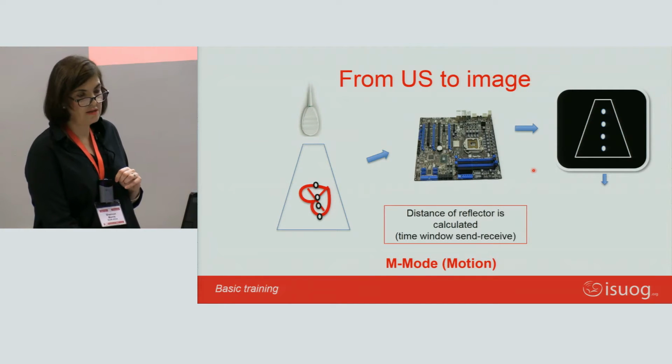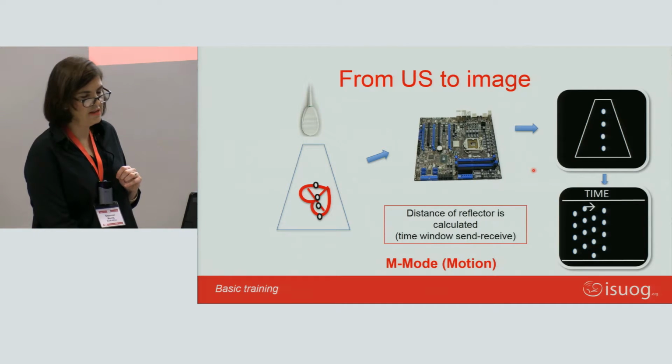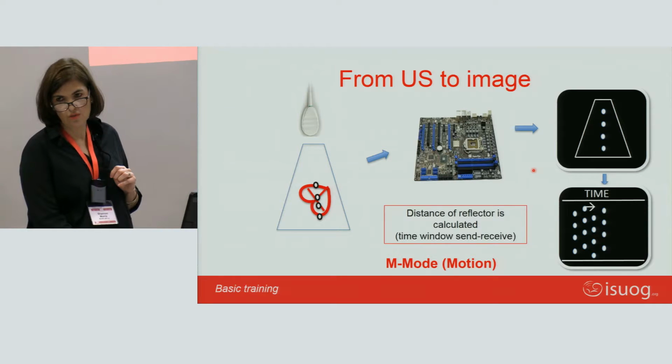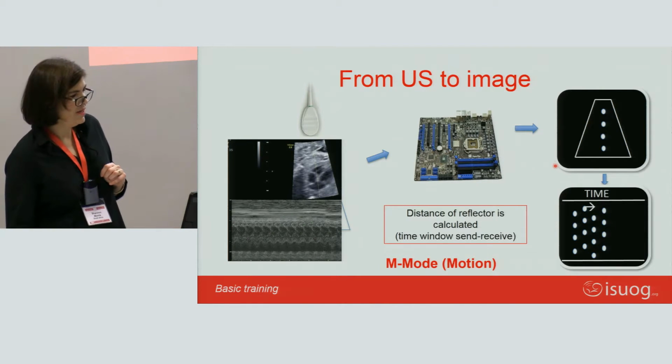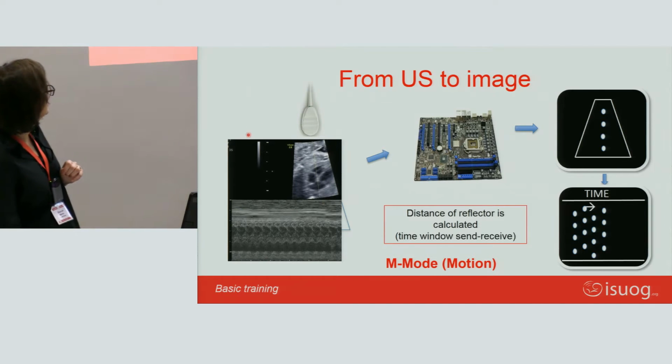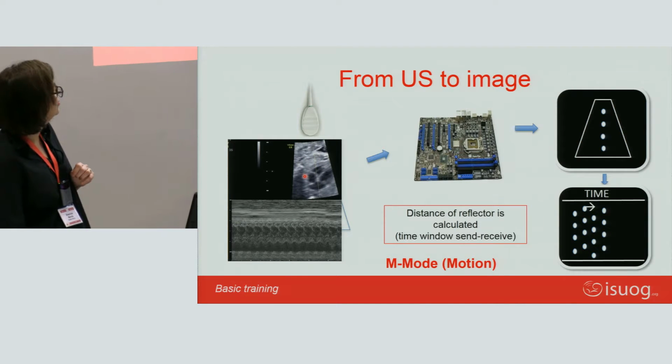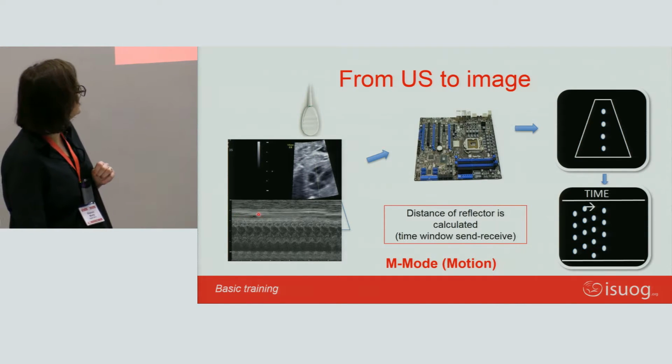And if you apply time on the y-axis and you have a structure that is moving, then those dots will move up and down. So here you can see the line going through the heart, and this is the baby's lung tissue, and that is depicted by this straight line that is not moving.